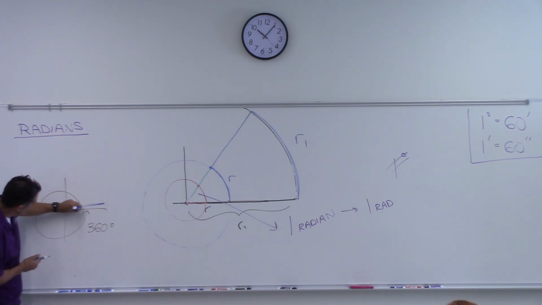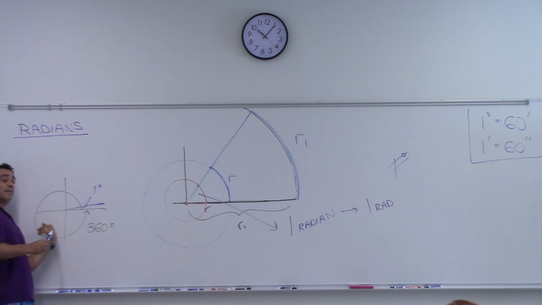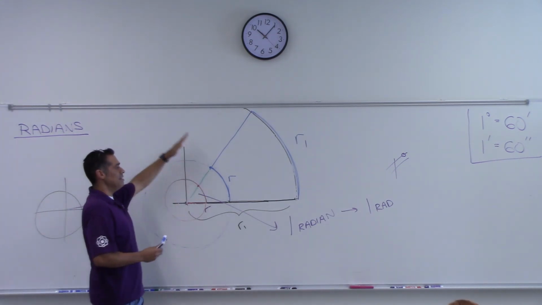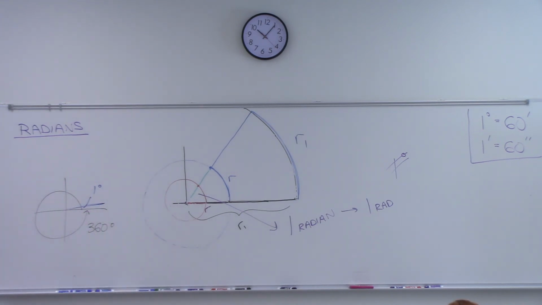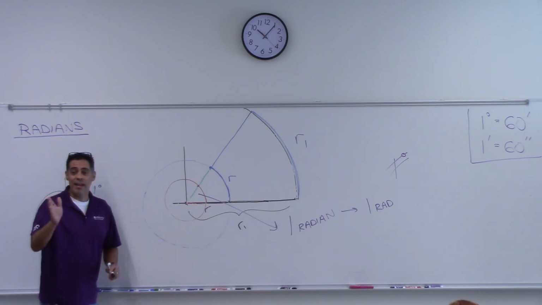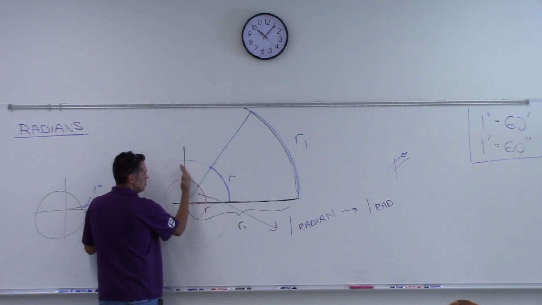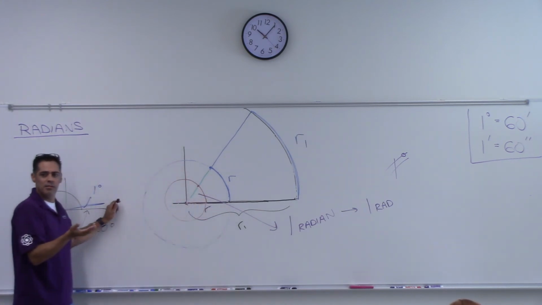That's 1 degree right here, and there's 360 of those in a full revolution. How many radians do you think there are in a full revolution? What does it look like to you? I heard 8. It kind of looks a little bit like maybe 1, 2, 3, 4, 5, 6, 7, 8. Maybe it looks like 8 to you?